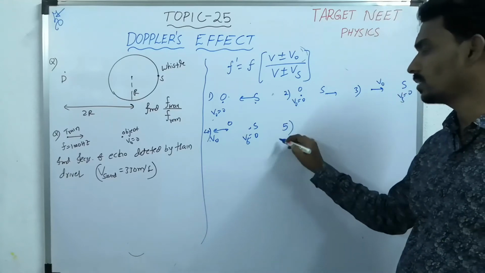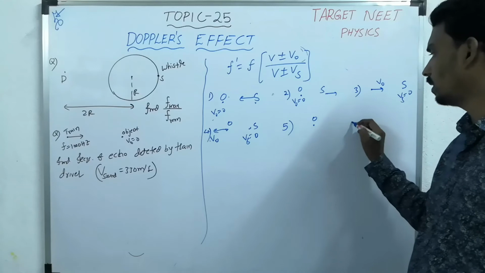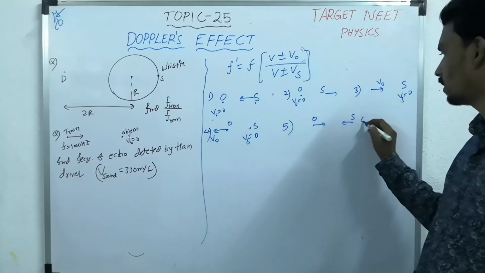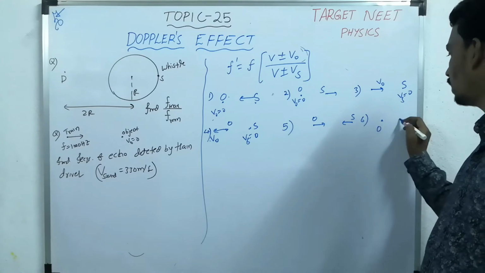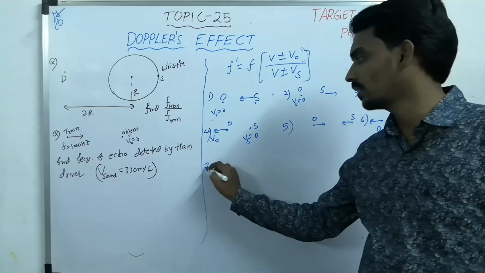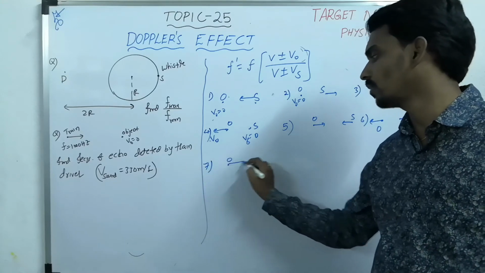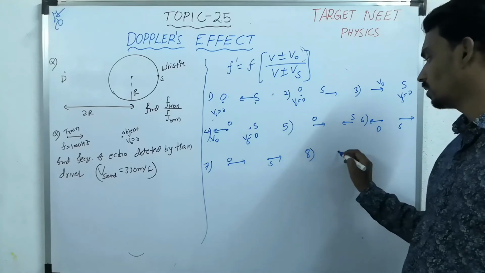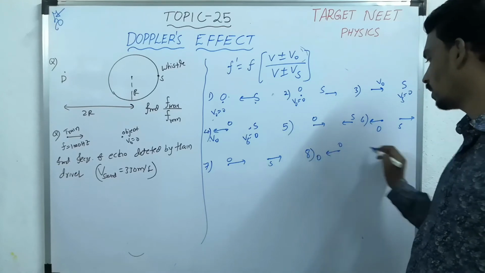Now the fifth case: observer and source both are approaching each other. Sixth: observer and source both are receding away. Seventh: observer following source. And eighth: source following observer.